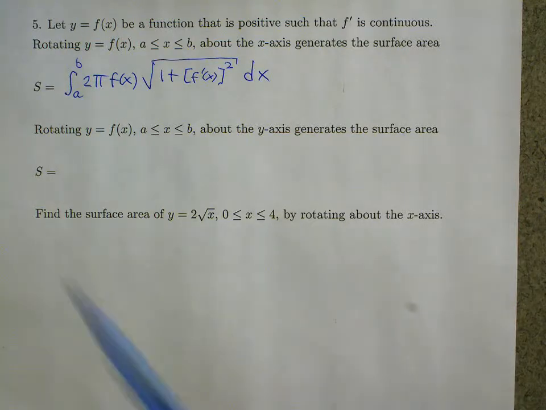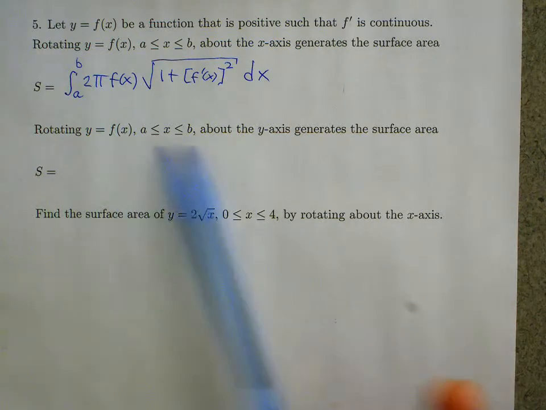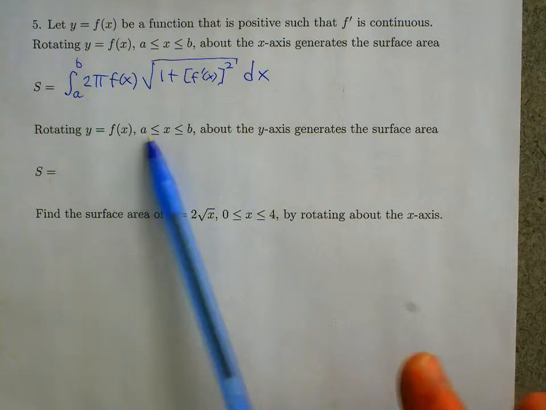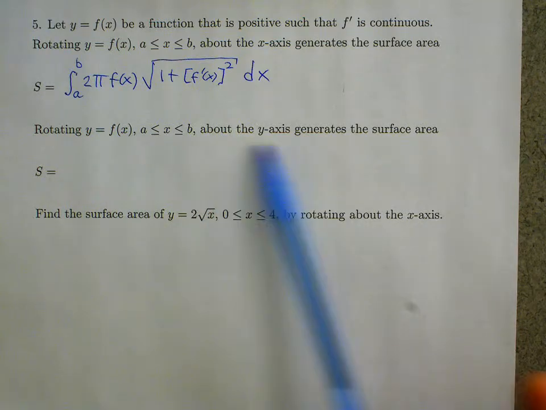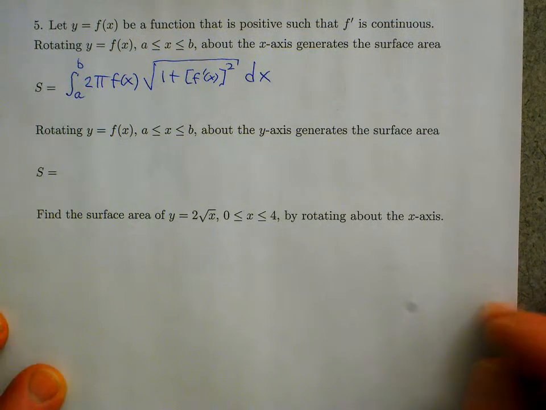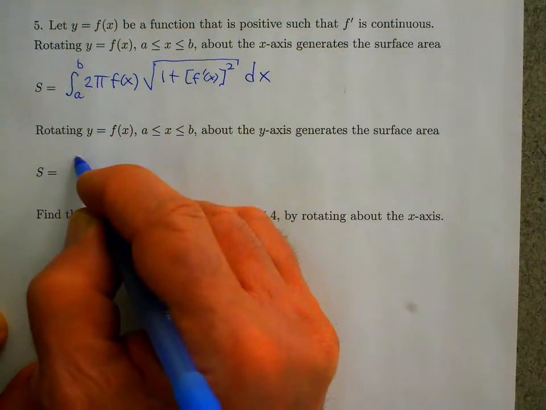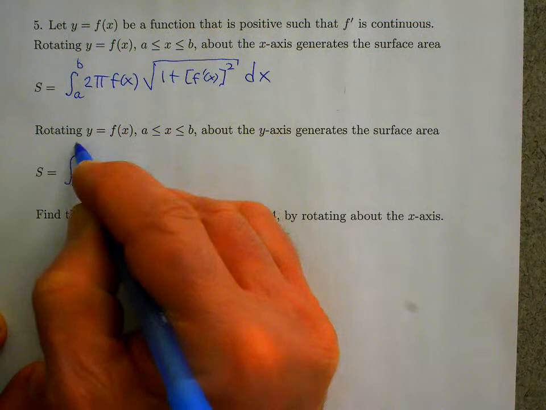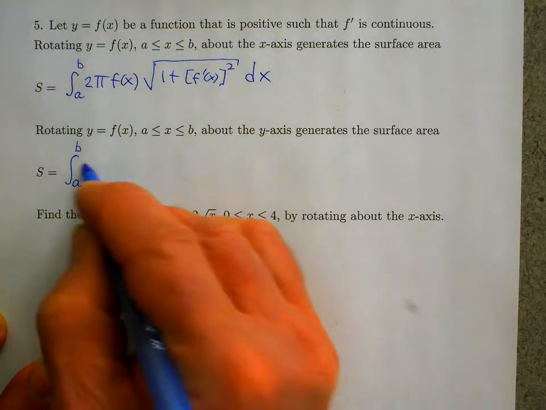But if we rotate the same function f of x from a to b about the y-axis, what's the surface area? Well, we need to memorize these equations as well.